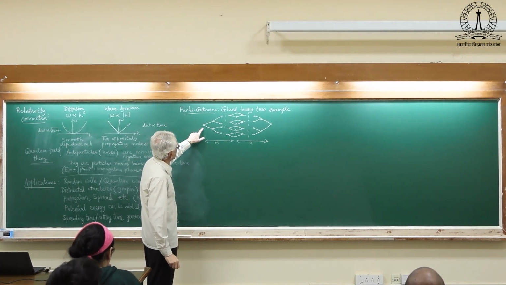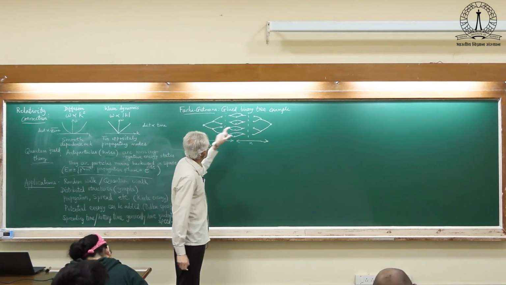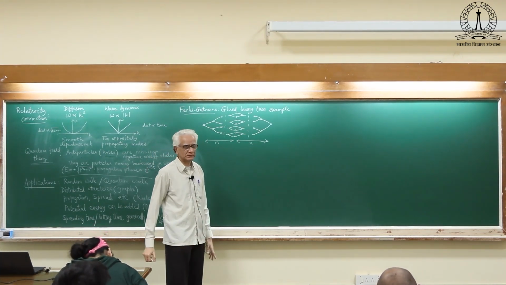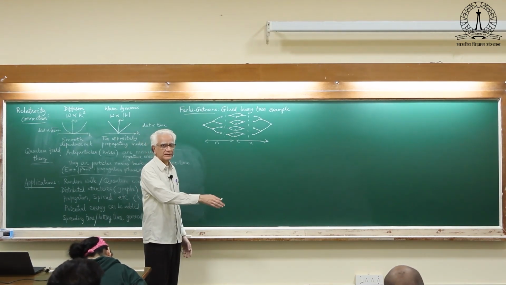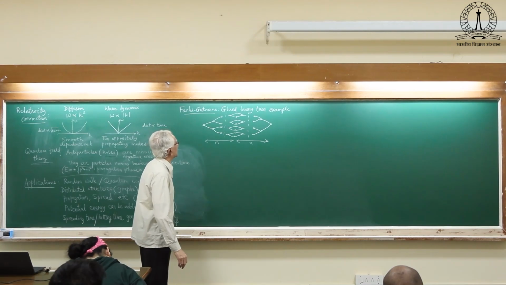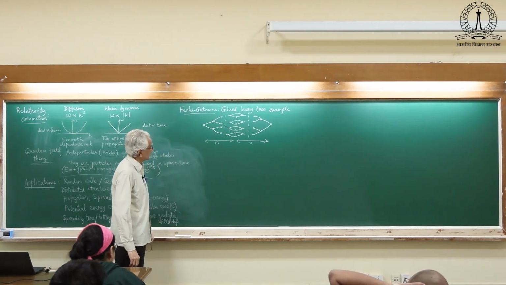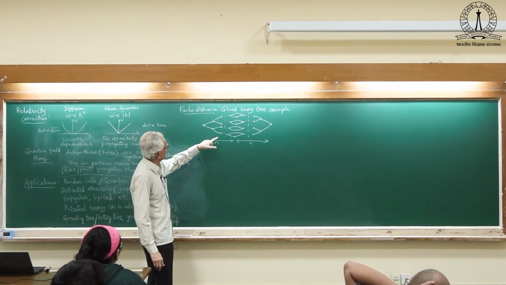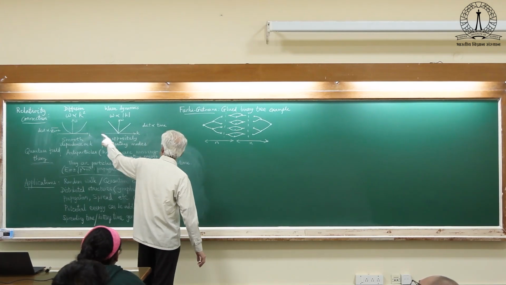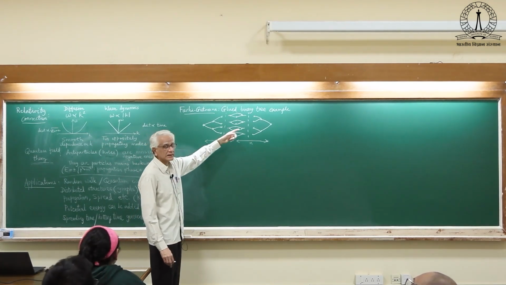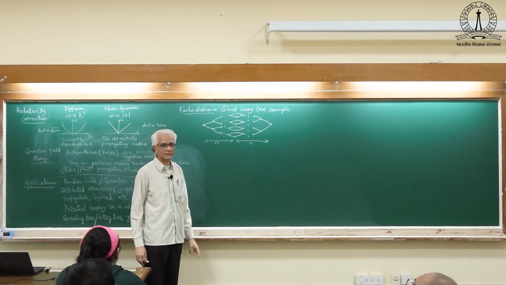So the distance between this and this by following the graph is 2n, just counting the number of steps you need. But now you will ask what will happen when to go from one point to its neighbors I use the classical walk, and in another case I use the quantum walk.